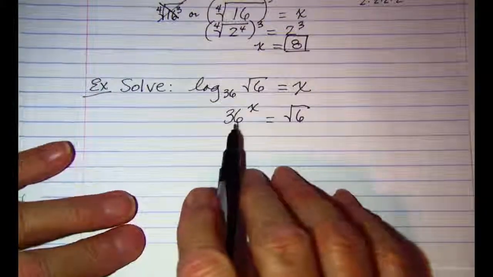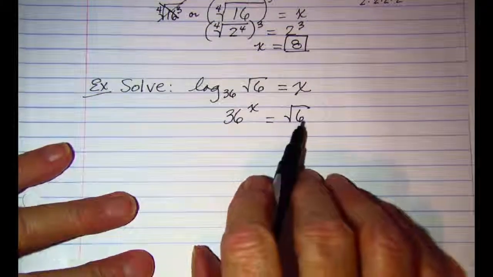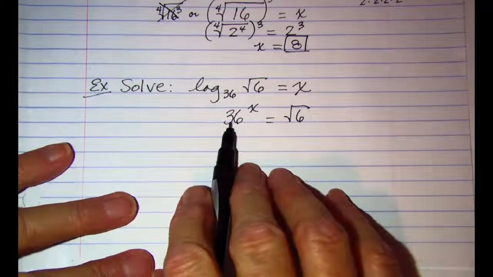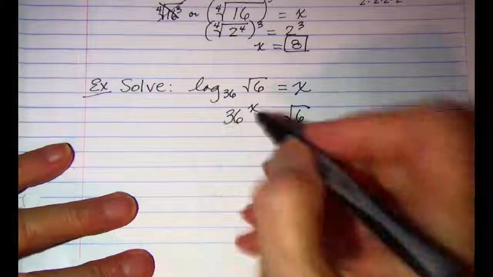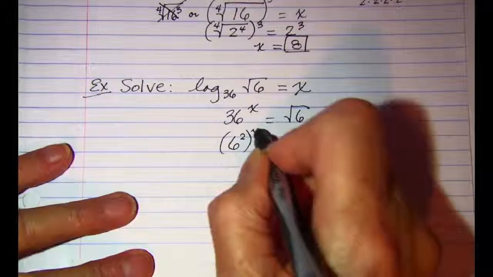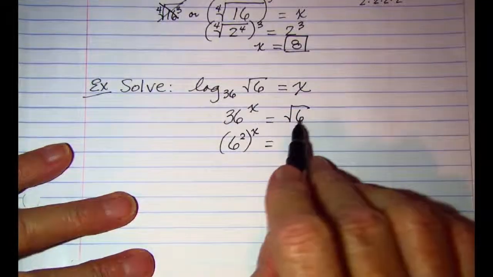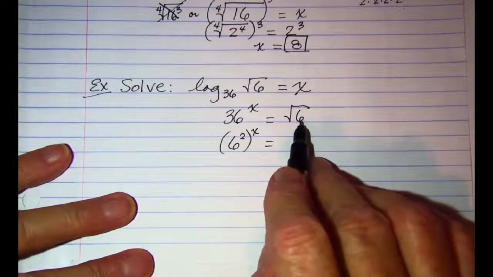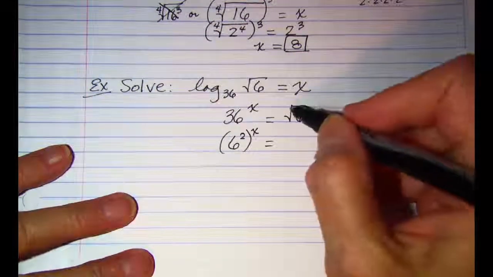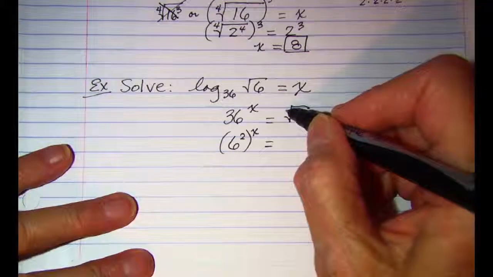Now what I'd like to do is get the base on both of these to be the same. I'm going to need to make this 6 to the second power. So I have 6 squared raised to the x. And then I'm also going to write this as an exponent. Remember that the index on this radical is a 2.